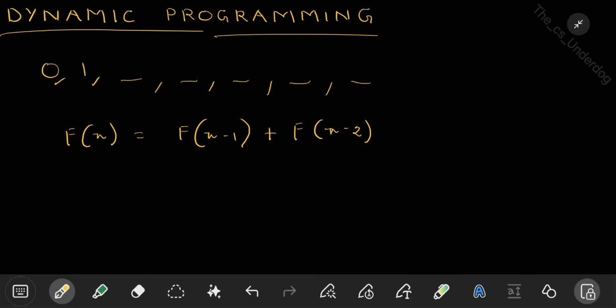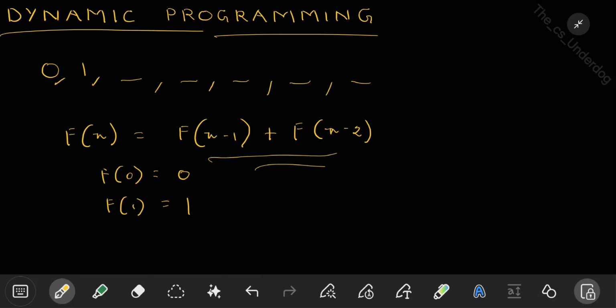That is, any Fibonacci number is the sum of the previous two Fibonacci numbers. So if you want to find the nth Fibonacci number, you will add the (n-1)th Fibonacci number and the (n-2)th Fibonacci number. Other than the first two, f(0) is fixed as 0, f(1) is fixed as 1, and for the remaining Fibonacci numbers, you have to use this formula.